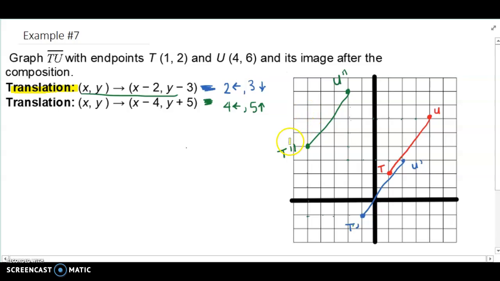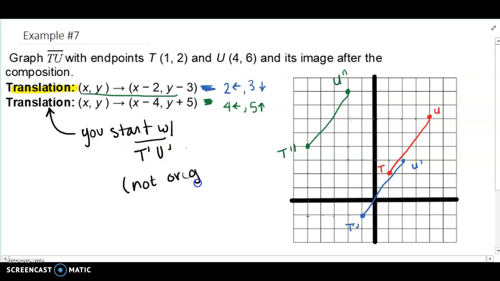Now it's time to do the T double prime and U double prime. So I want you to make note that when you're going to use the second translation, you start with T prime, U prime, not your original TU. Okay, that's very important. So I'm going to go from this and this point.